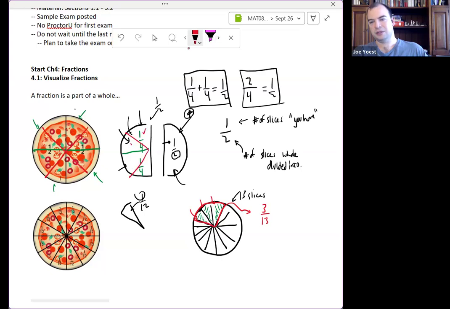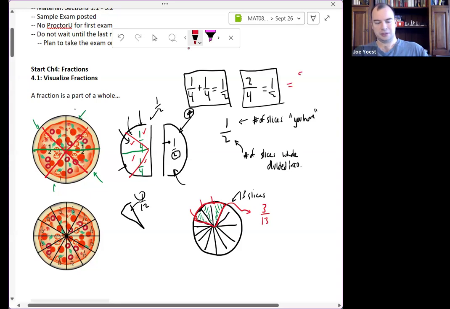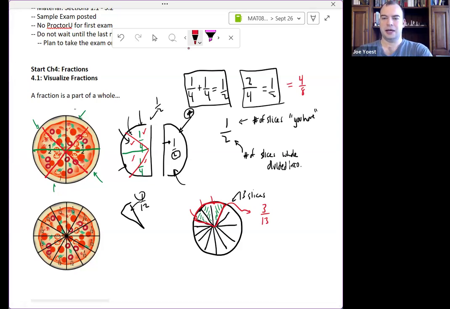So I would have 1, 2, 3, 4 slices of pizza that I would have, and my pizza as a whole would be cut into 8 pieces. So I'd have 4/8, right? That would be the same as 2/4, the same as 1/2. I can change the way that my fraction looks by just taking the same amount of pizza, but cutting it more times or cutting it fewer times or cutting it differently.